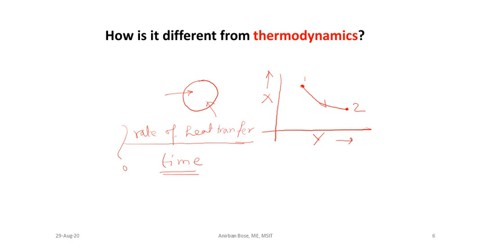We calculated the net energy interaction, maybe in terms of work or heat, or we calculated the property changes because of a process. But in the heat transfer subject, we are interested in finding out how much time it will take to change its state, or what is the rate of heat transfer. Okay, so this is the basic difference between heat transfer and thermodynamics.